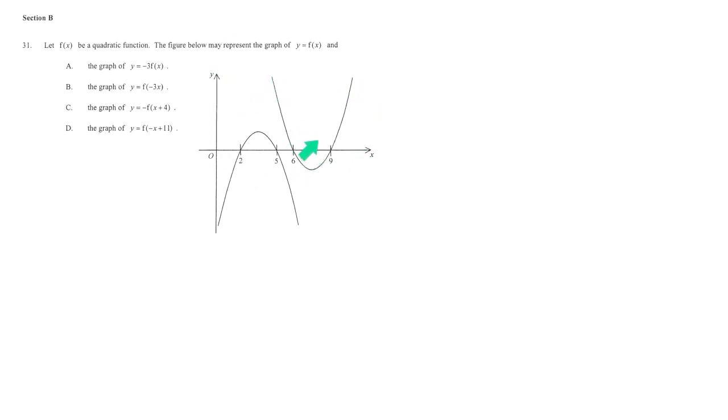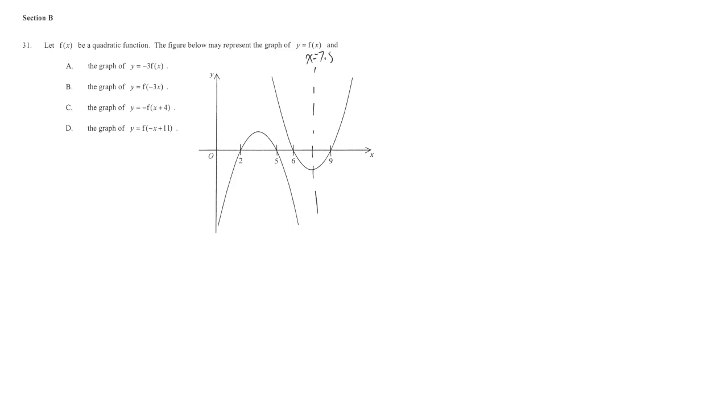For me, I will think about how much to shift left and then flip upside down. It may help you to get it easier or quicker. If I try to do so, the line of symmetry is the middle, so this is 7.5.